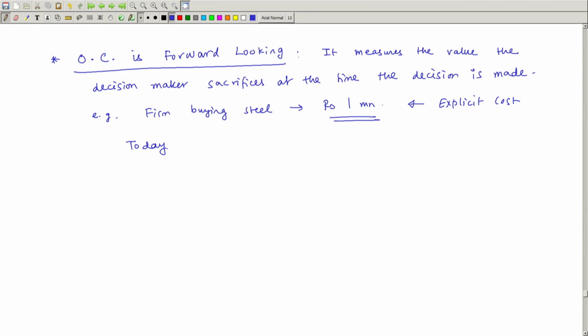Now today, I'm using the steel, so I would have used the steel to make cars. I'm going to be selling those cars at some price. I'm going to get some revenue. But today, let's say the price of the same amount of steel that I bought yesterday is rupees 1.2 million, right? Now, because I'm using the steel to build cars, I'm foregoing the next best alternative.